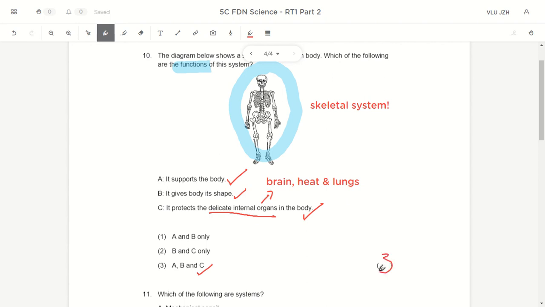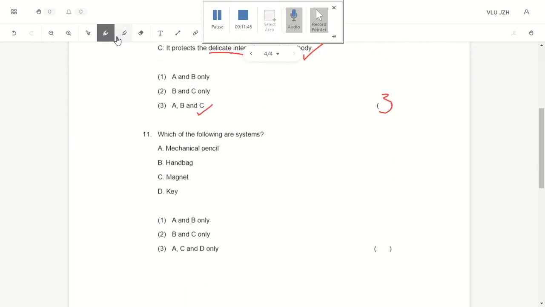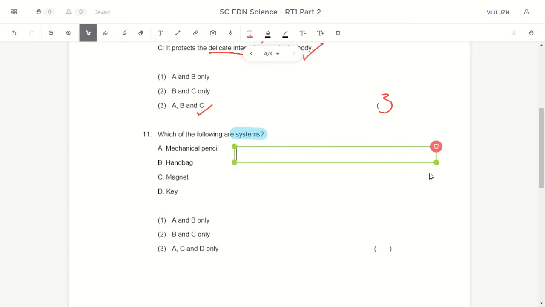Okay, the last one, and that's it for today. Which of the following are systems? Let's go back to the definition of a system. What makes something a system? A system is made out of different parts. And what happens to them?